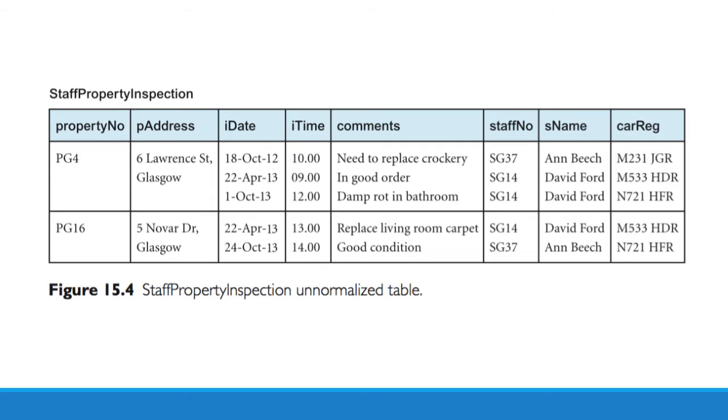For example, it has been inspected by 2 different staff at 3 different dates and times. These 2 staff, Anne Beech and David Ford, inspected property number PG4 on different dates: 18th October, 22nd April, and 1st October. And they also wrote down comments for each inspection. Okay, the problem here is we still have a repeating group.